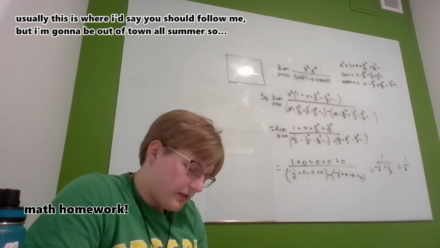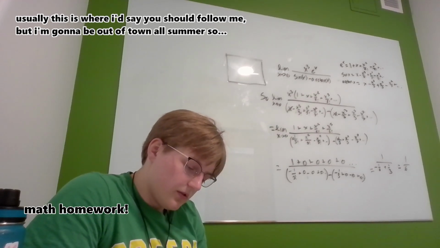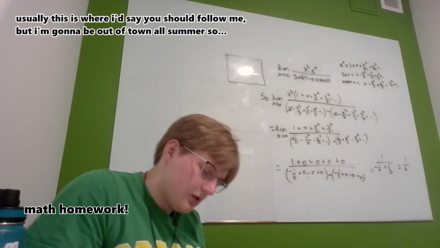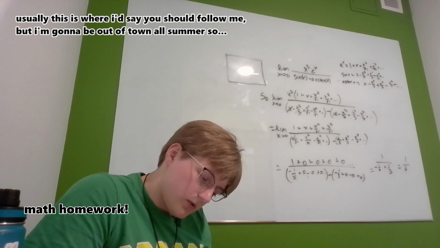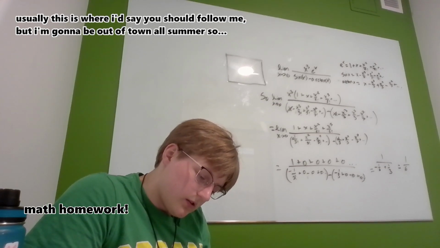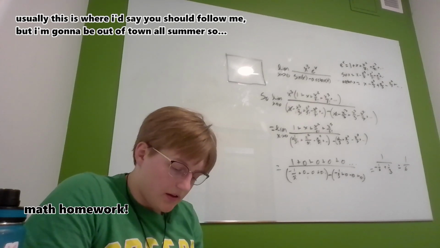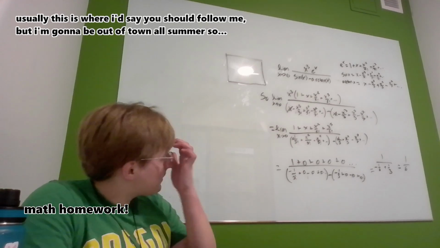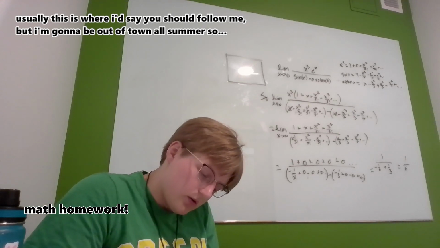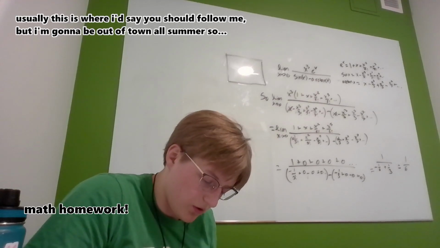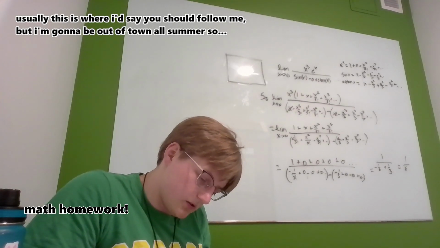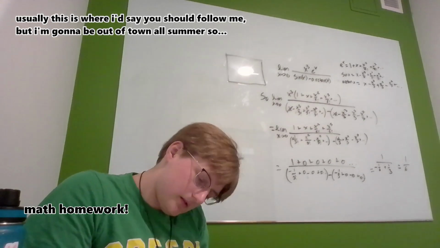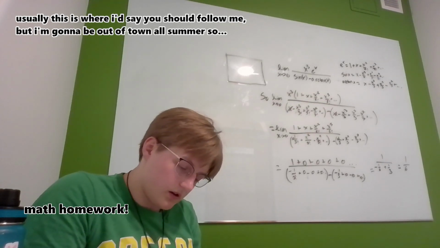Cancels, we have 1 plus x squared over 2 factorial plus x cubed over 3 factorial plus dot dot dot over factorial plus x squared over 5 factorial minus x to the 4th over 7 factorial plus dot dot dot, minus 1/3 plus x squared over 5 minus x to the 4th over 7, equals 1 plus 0 plus 0 plus 0 over 1 over 3 factorial plus 0 minus 0 plus dot dot dot, minus, oh, it's negative out front there, negative 1/3.